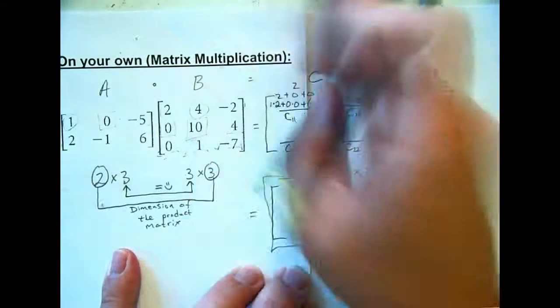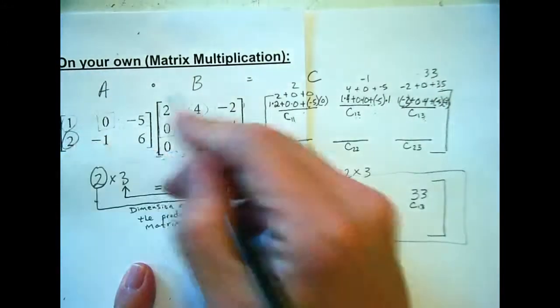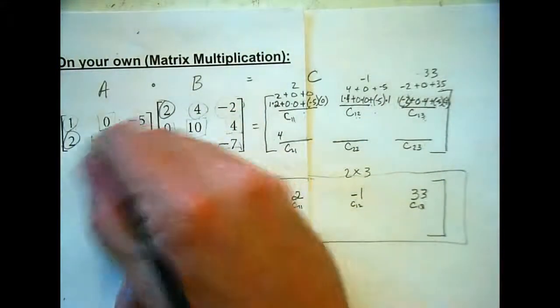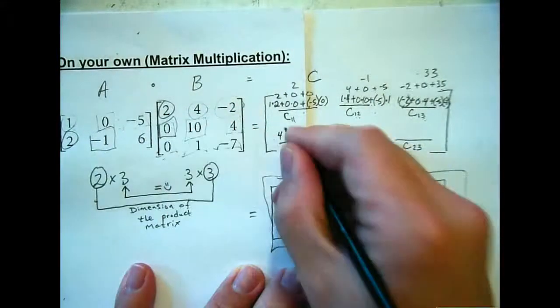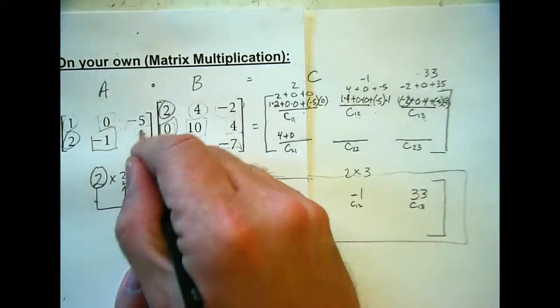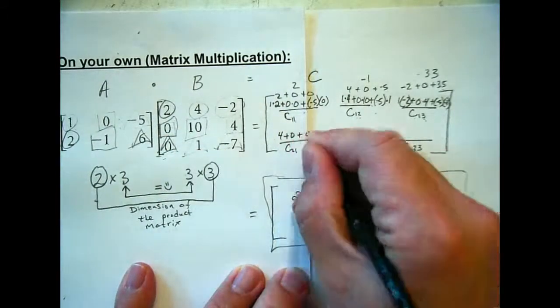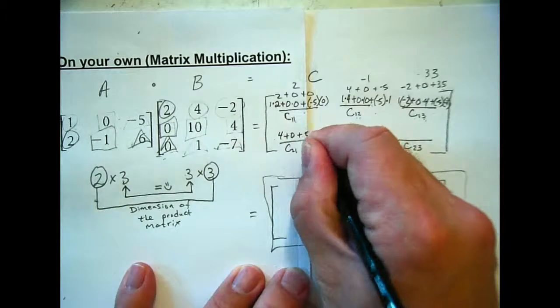So I got 2 times 2, or 4, -1 and 0, or 0, and 6 and 0, or 0, for a total of 4.